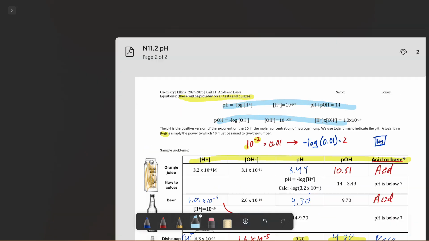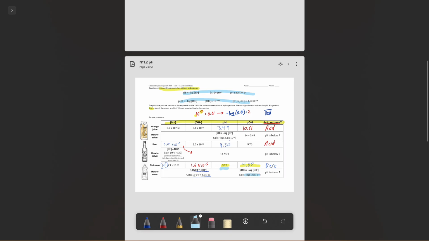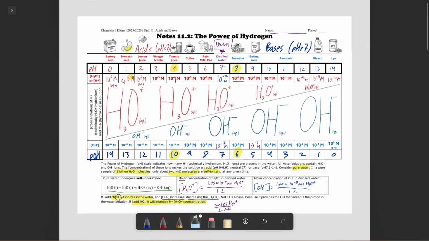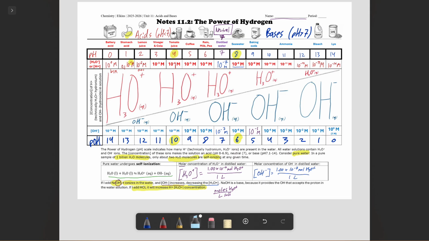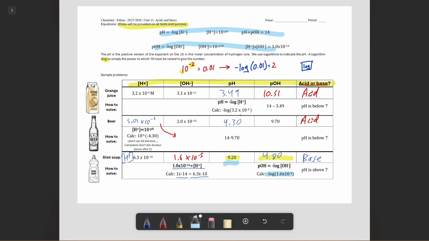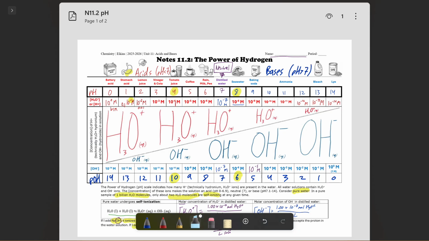You're going to get your homework, and you can practice on your homework these concepts of figuring out the concentration of hydrogen and hydroxide ions inside of solutions that have other things dissolved in them that are manipulating the concentration of those substances. And you can use these equations to, if you know the information of one of them, know the information for all the other factors. All right, this was your notes 11.2. Thank you.